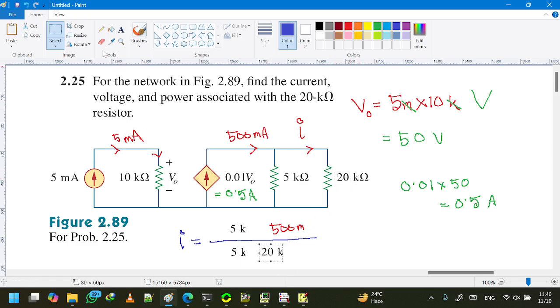5 kilo plus 20 kilo is 25 kilo, and the kilo and kilo can be crossed out.